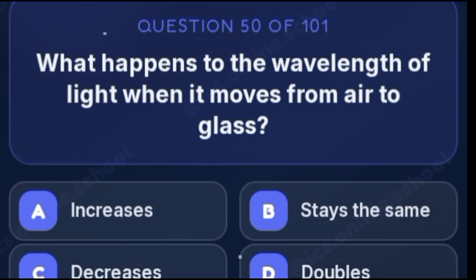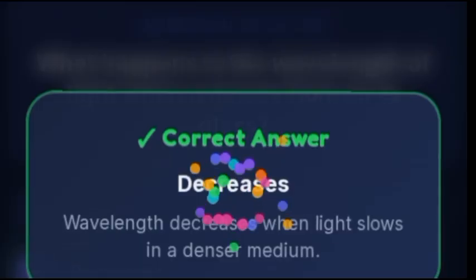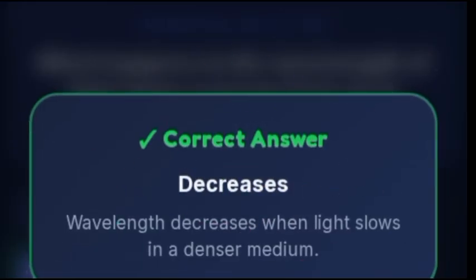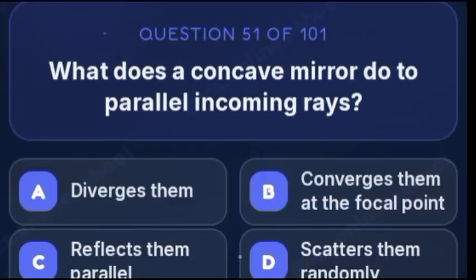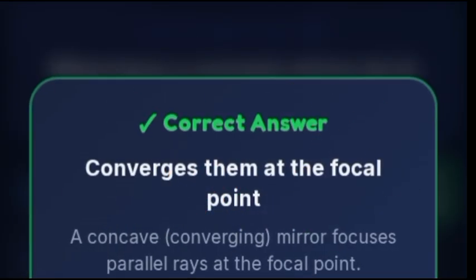What happens to the wavelength of light when it moves from air to glass? It decreases. What does the concave mirror do to parallel incoming rays? Converge them at the focal point.